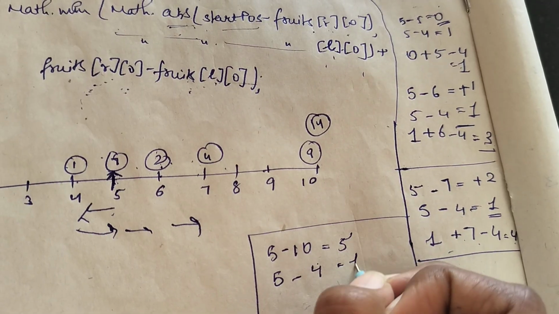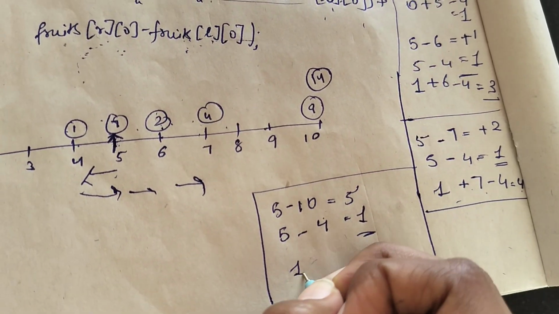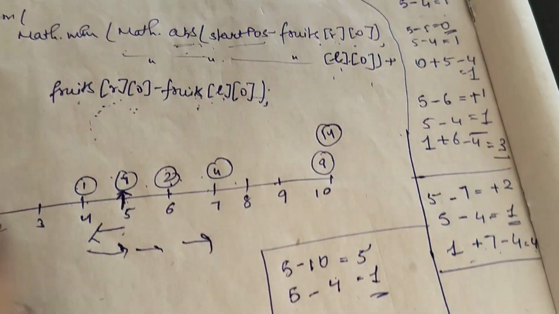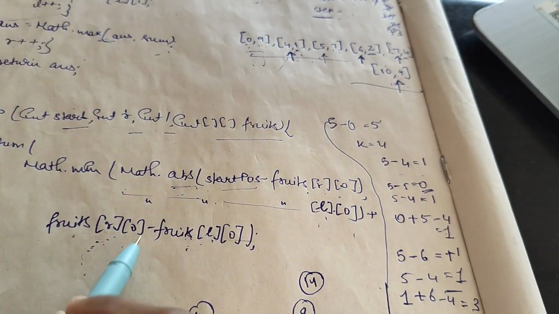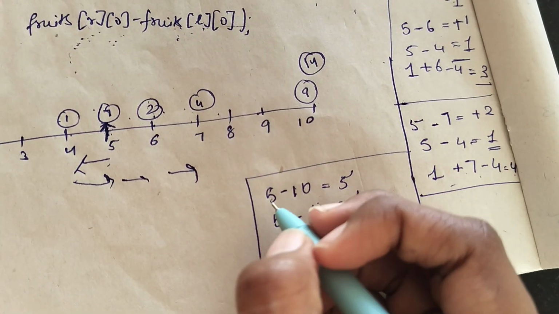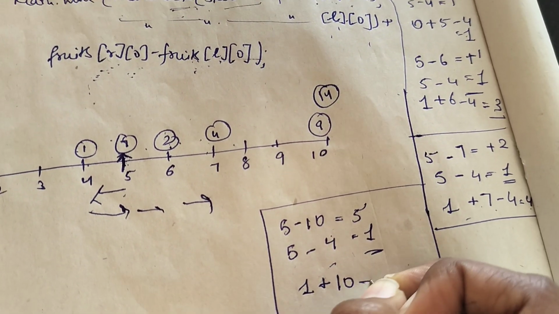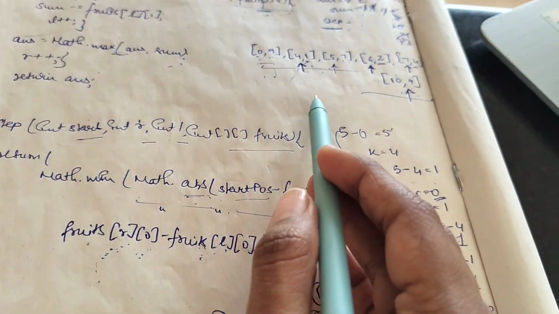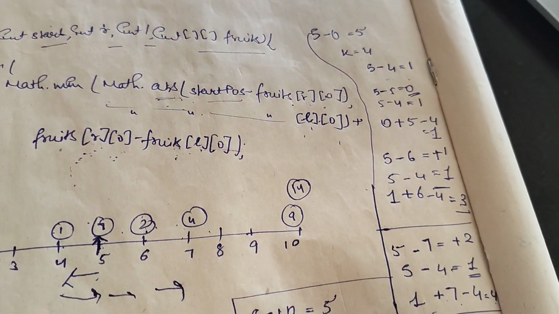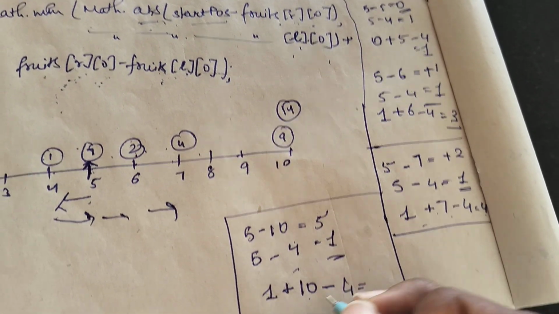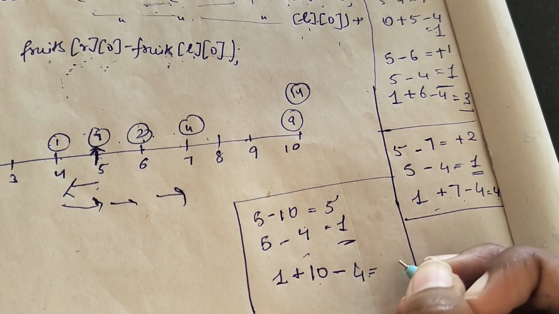This one, smaller value. This is a minimum. Now fruits right of 0, that is 10. So it is going to be 10 minus left of 0, which is 4 only, which we have had for a long time. So 11 minus 4, 7.